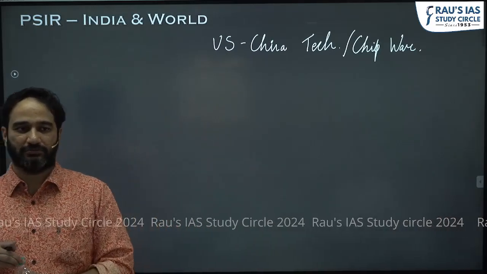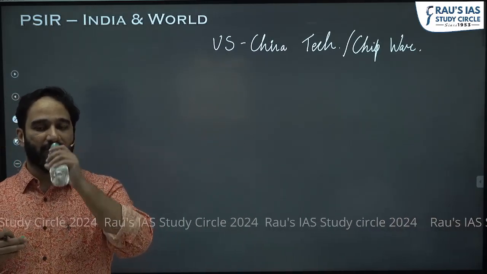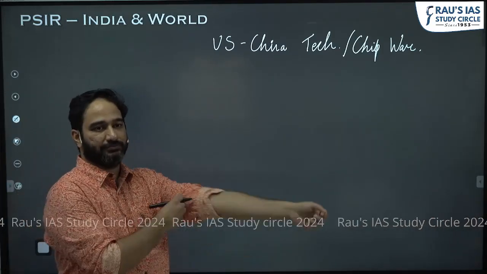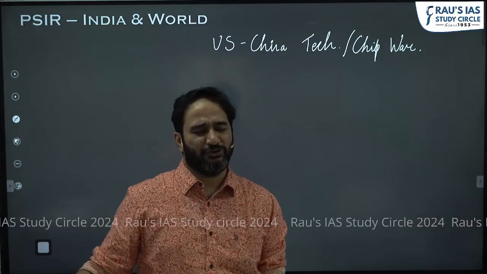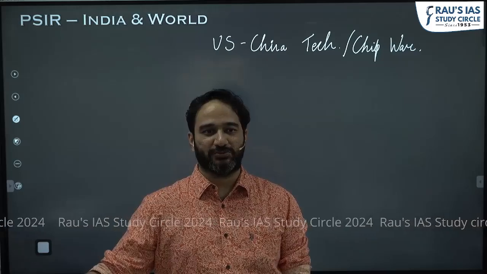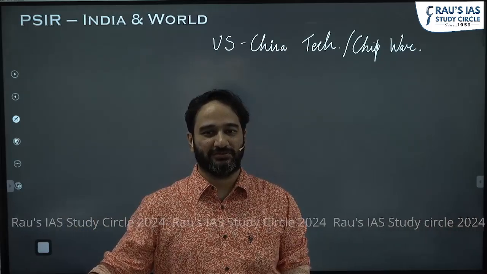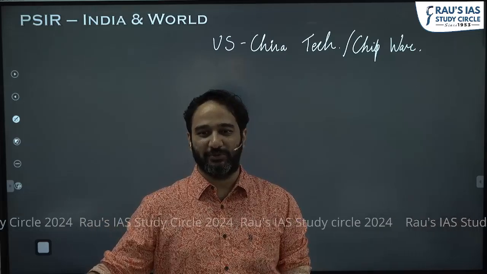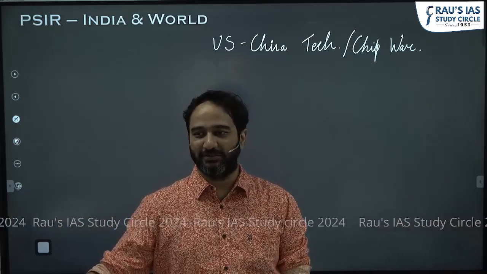The post-colonialists would argue what? That in this great war between the Chinese and the Americans, it is the poor that is being throttled.